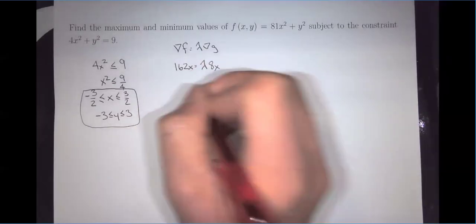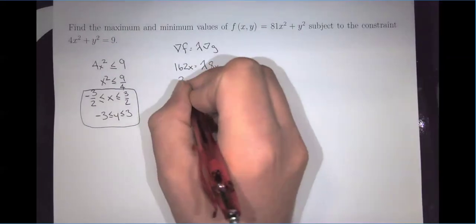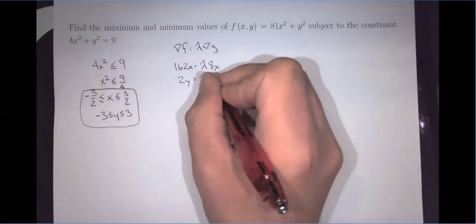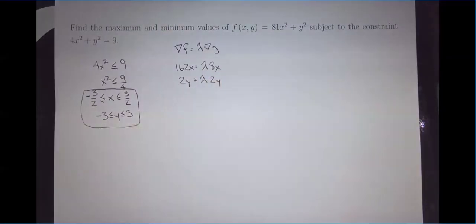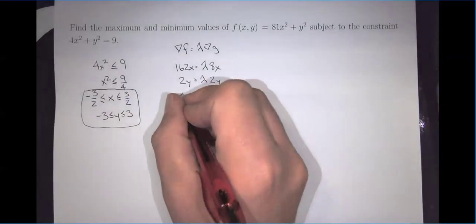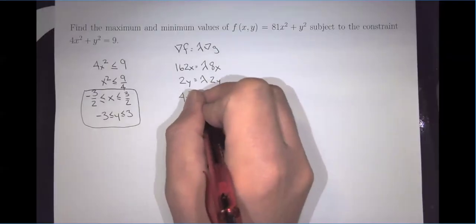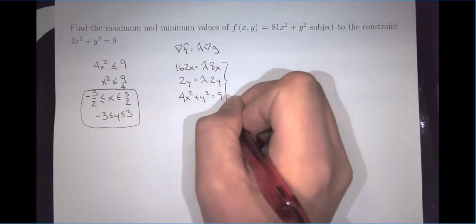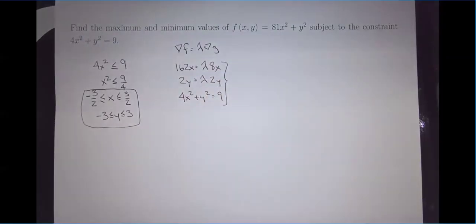And with respect to y, we've got 2y equals lambda times 2y. And we also have to satisfy 4x squared plus y squared equals 9. So these are the three conditions that have to be satisfied for every solution.